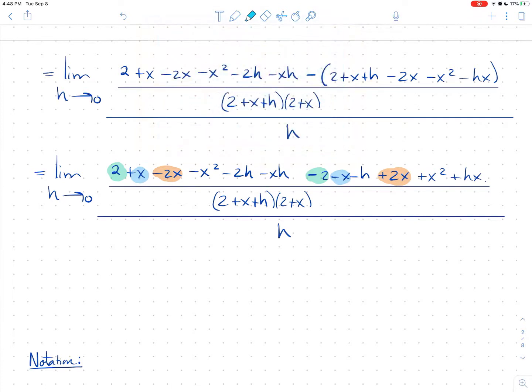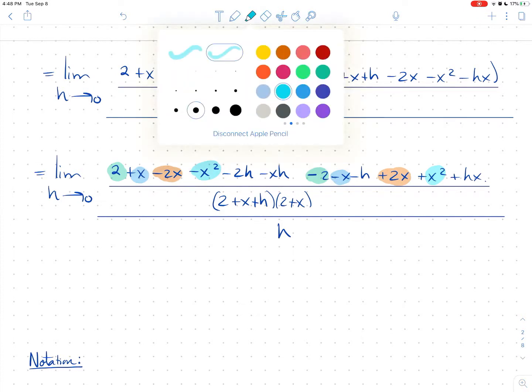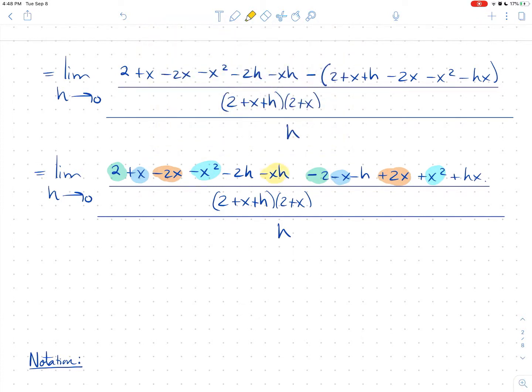What else? Minus x squared and x squared, those cancel. Oh, this is great. How about the yellow? Minus x times h is the same as xh is the same as hx, and so those cancel. And so, holy moly, you can see that all that we're left with is this guy and this guy.